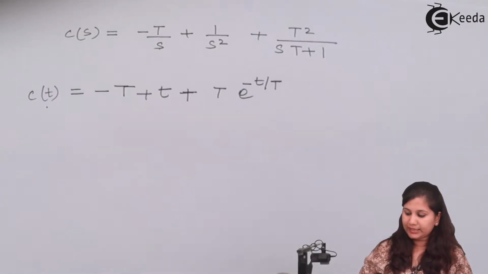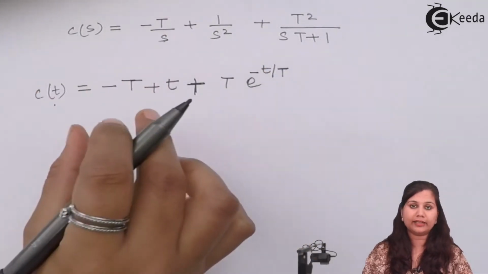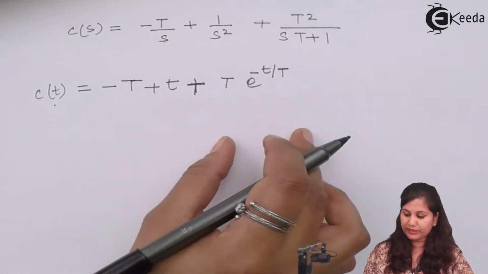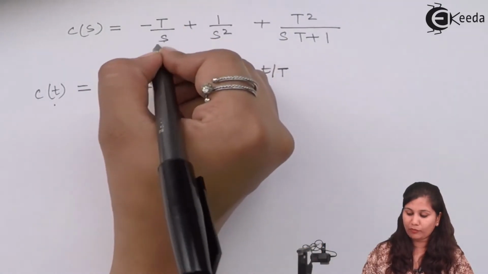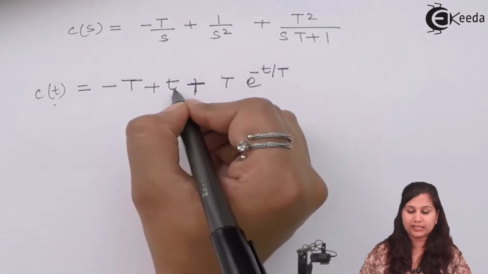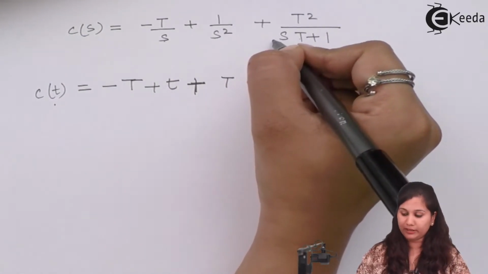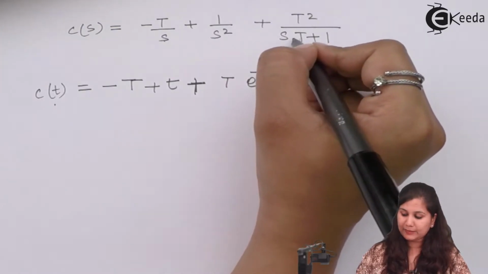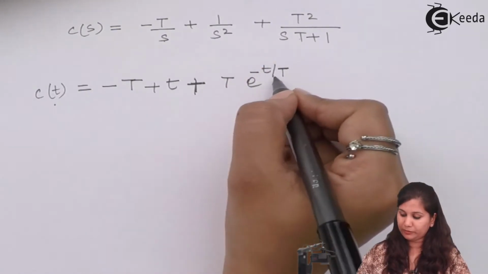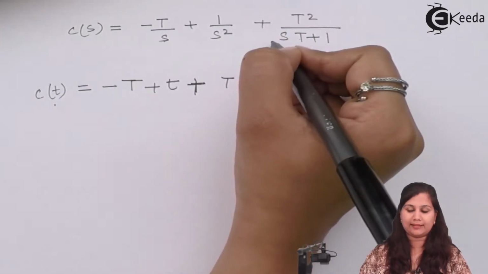How are we getting this? We have applied the inverse Laplace transform formulas directly. For 1 by s, it is 1. Then for 1 by s square, it is t. And for this, if we take T common from it, then it will be s plus 1 by T, so it will be e raised to the power minus t by T, and one T will be cancelled out.